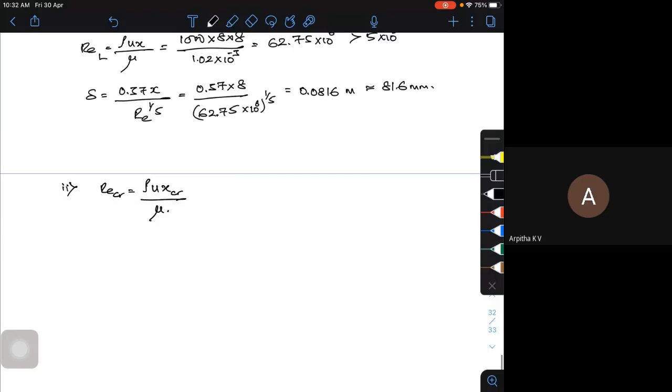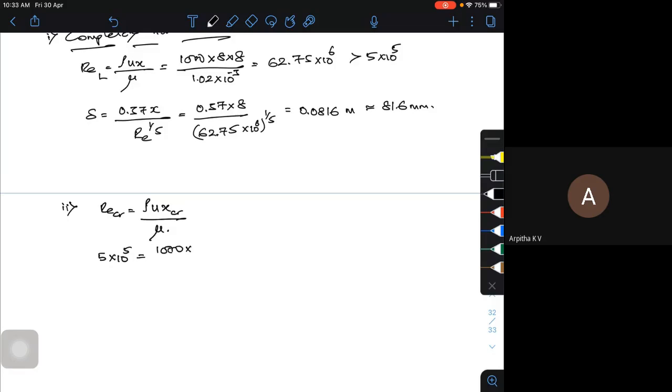They are given the critical value as 5 × 10 to the power of 5, equal to 1000 × 8 × x critical divided by 1.02 × 10 to the power of minus 3. So I will get my critical length. What is the critical length?